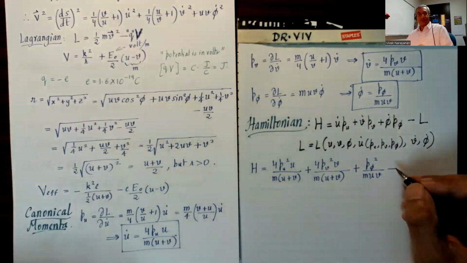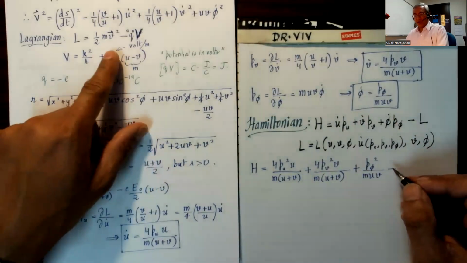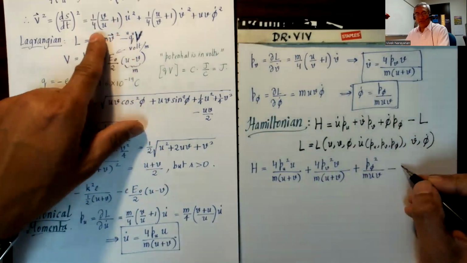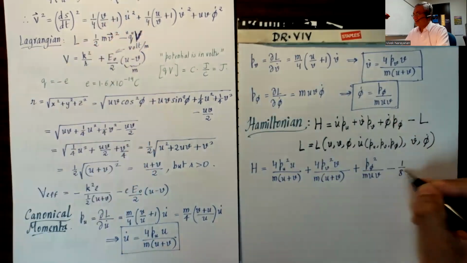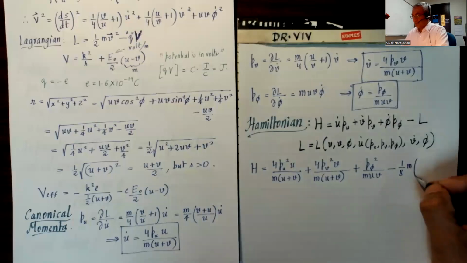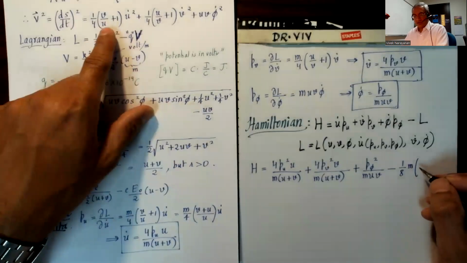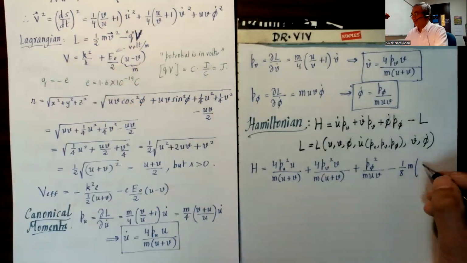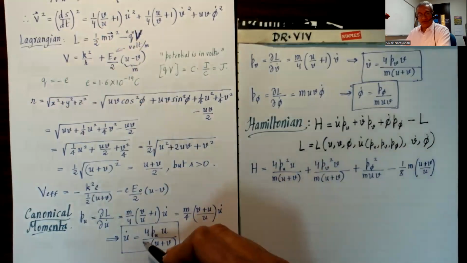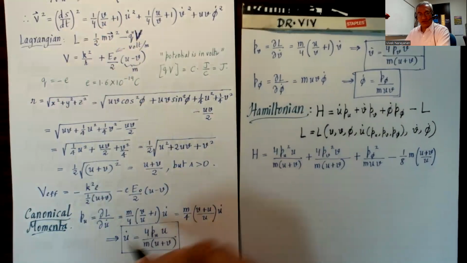Minus the Lagrangian. The Lagrangian is 1/2 mv squared. So that's 1/2 times 1/4, which is 1/8. I'll start writing this as u plus v divided by u. U dot squared. But u dot squared has to be written as the square of this thing.